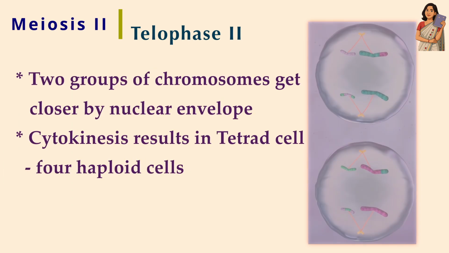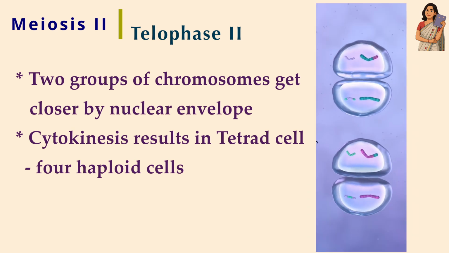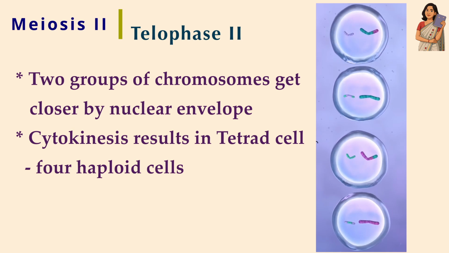In this phase, the group of chromosomes will get enclosed by the nuclear envelope, and the cytokinesis will result in the formation of tetrad cells, or 4 cells. But all the 4 cells will carry the haploid number of chromosomes, that is n number of chromosomes. This is the reason why we call meiosis a reductional division.